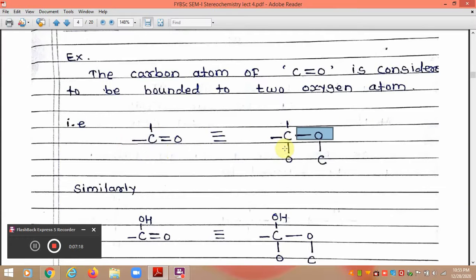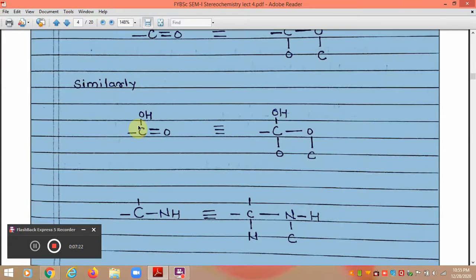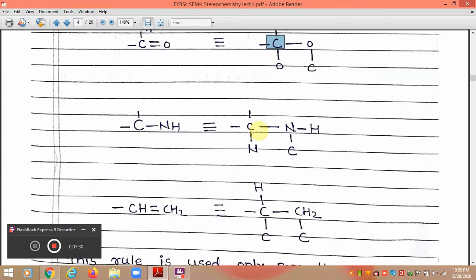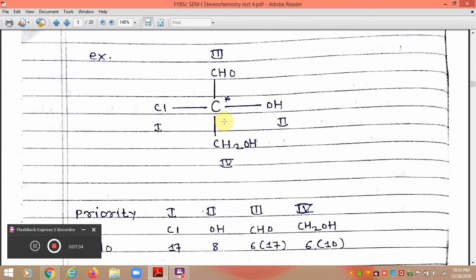Here you can see this as well as this. Similarly here there is a carbon-oxygen double bond, so now this carbon is attached to OH, this oxygen and this oxygen. This is the way by which we decide their priorities, and definitely the atomic number of the secondary atom will be considered.